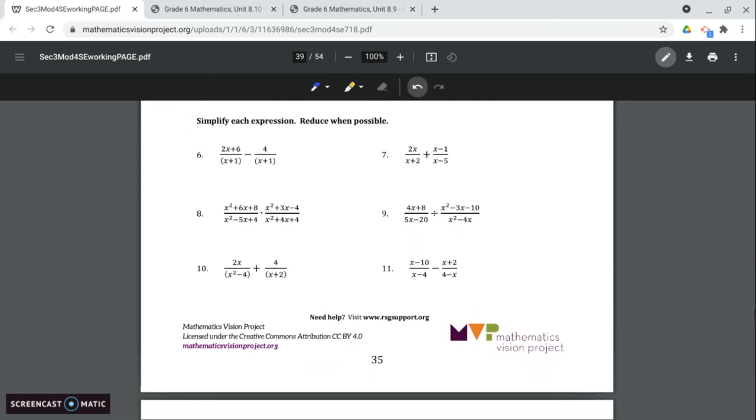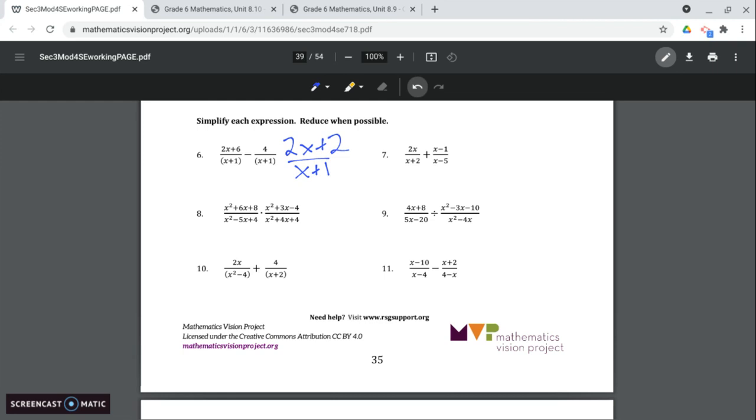All right. The next section, we want to simplify the expression. Notice we have common denominators. So 2x plus 6 minus 4. The only thing that's going to change is the 6 and 4. So we'll have 2x plus 2 over x plus 1.